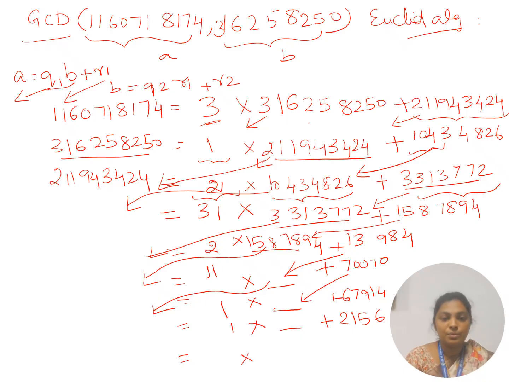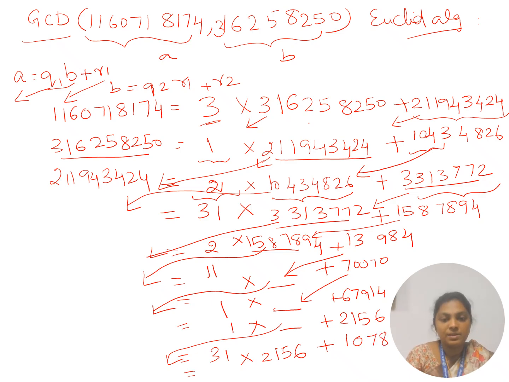So 2156 plus, so when you divide these two numbers, so this will go here. Now when you divide these two numbers, you will get the quotient as 31 and the remainder is 1078.